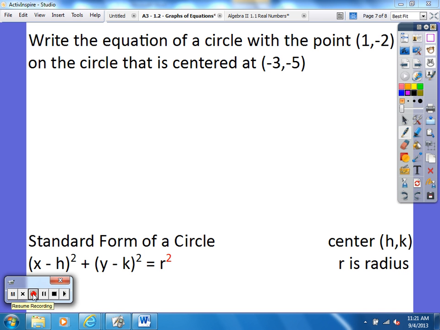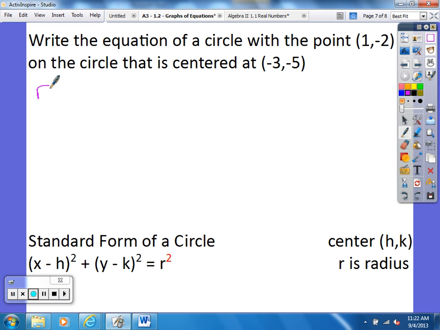Alright, so you just found, hopefully, the distance from the center to a point on the circle, which is 1, comma, -2. What did you guys find? Did anybody find the answer yet? Mallory? 5? Anybody else agree? Whitney agrees? Okay. So I'm not going to show all the work there.